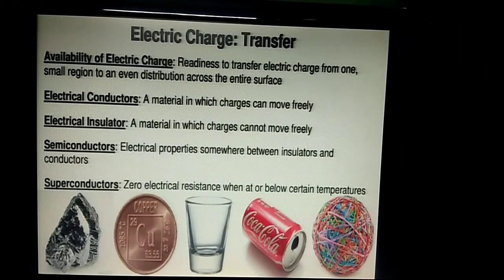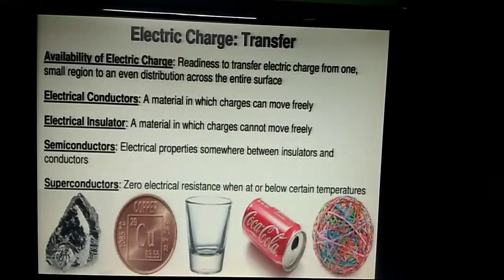The readiness to transfer electric charge from one small region to an even distribution across the entire surface is called electric charge transfer. A material in which charges can move freely is called an electrical conductor, whereas the materials in which charges cannot move freely are known as bad conductors of electricity.